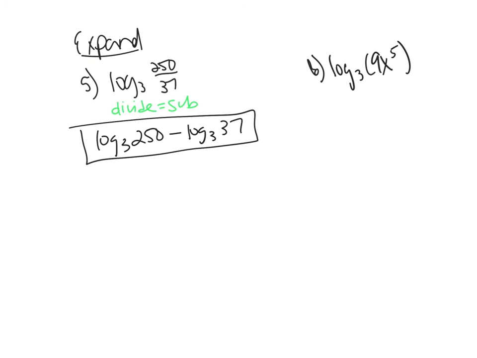If we have log base 3 of 9x to the 5th. So if we need to expand, well, first we have multiplication. Well, multiplication is just repetitive addition. So log base 3 of 9 plus log base 3 of x to the 5th.